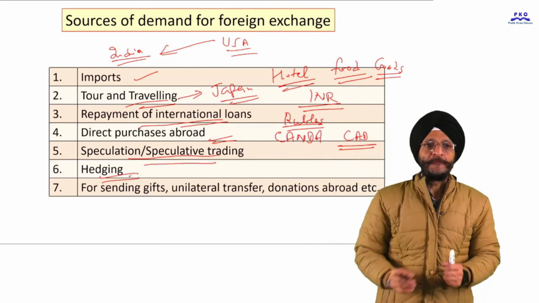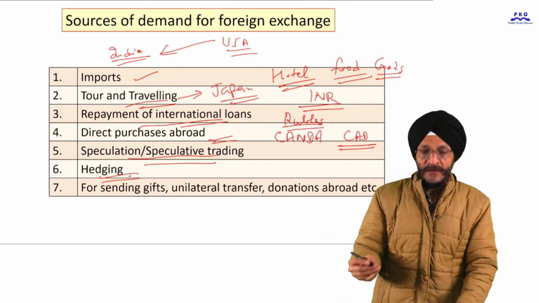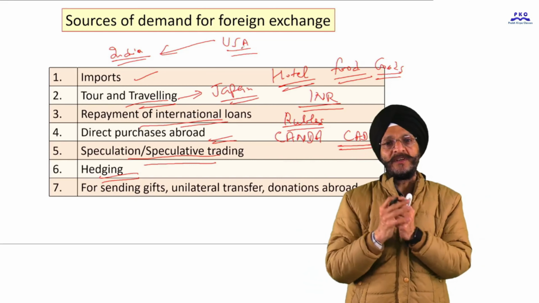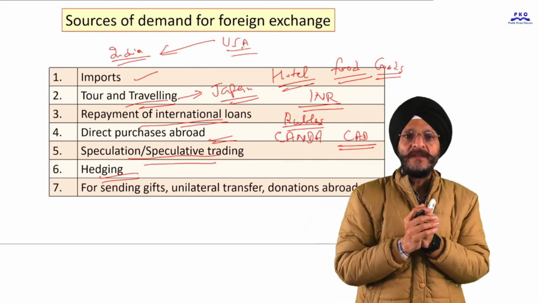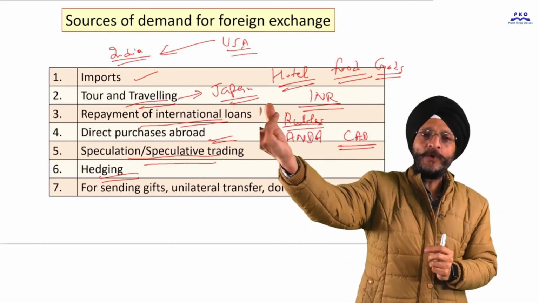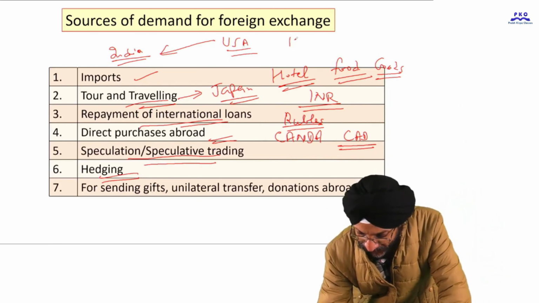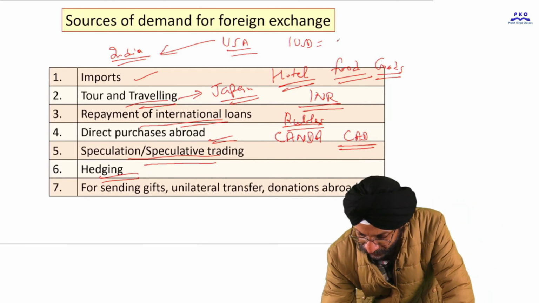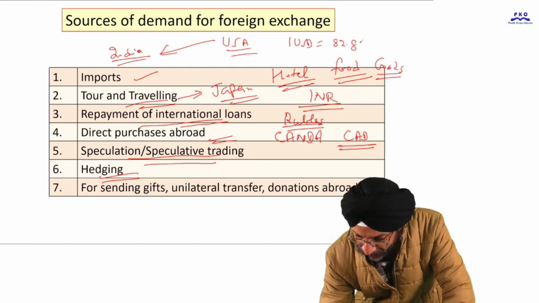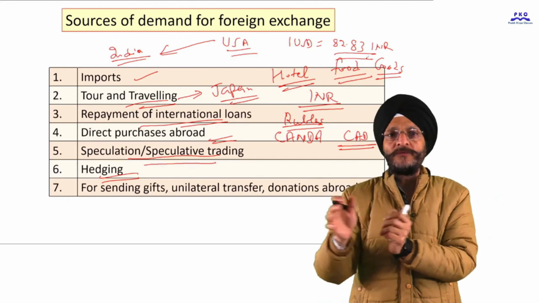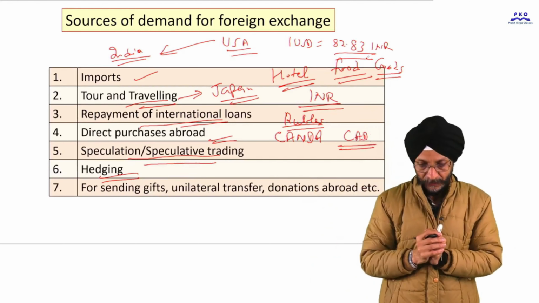Next is hedging. Suppose there is a businessman in India and he is importing goods from USA. At present, the price of $1 is something like 82.83 Indian rupees. This rate is subject to fluctuation from time to time. We are taking just an example.